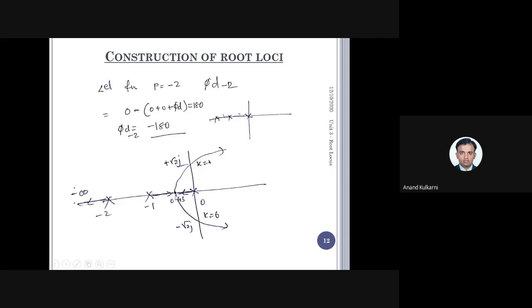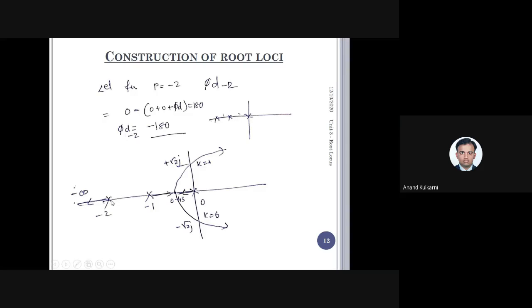When k goes on increasing, finally both of them will meet here at s equal to -0.43. I don't know the value of k at that time, I'm not bothered. It is minus 0.43 because this is 0 and this is -1. In between, the -0.43 point is there, where they will meet each other.